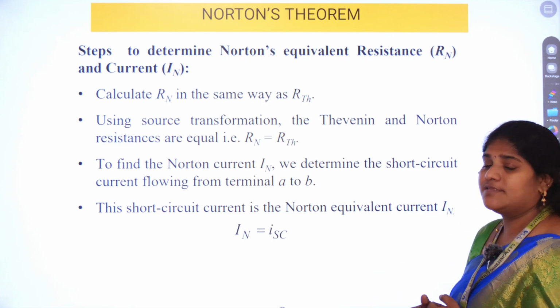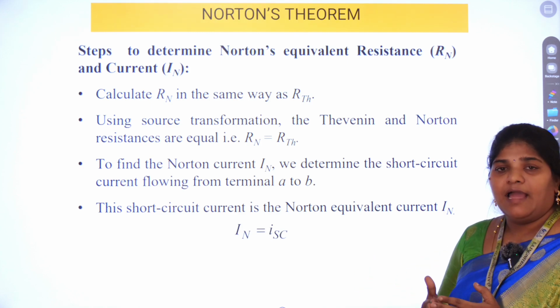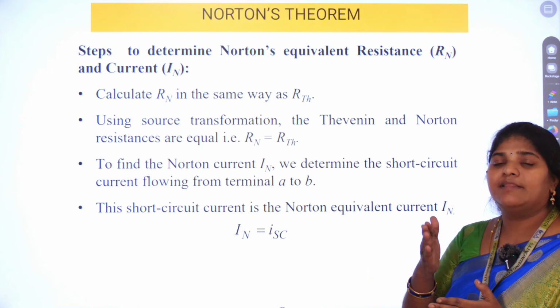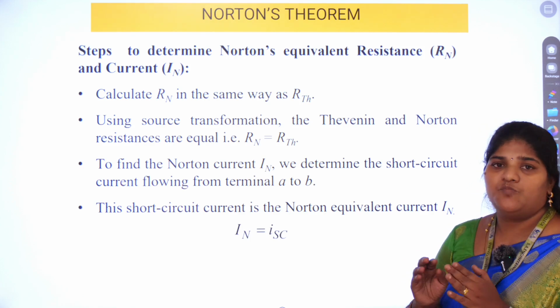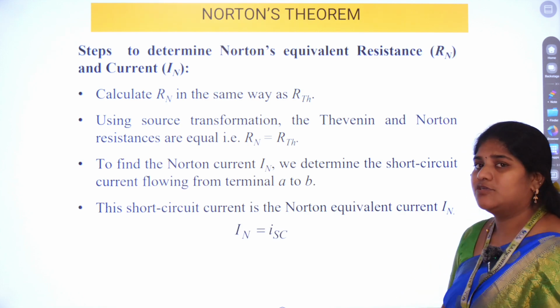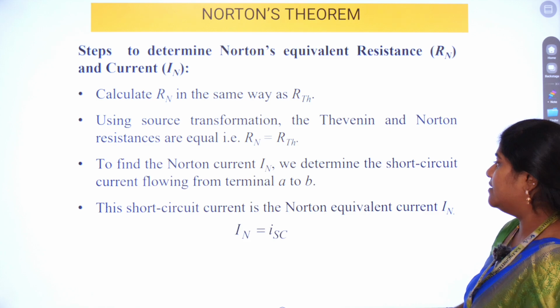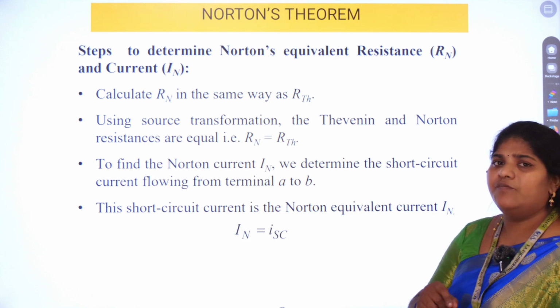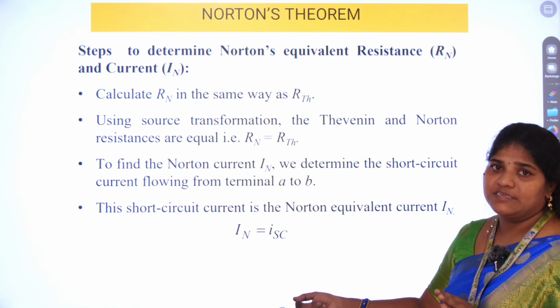Now in Norton's theorem, after removing the load resistor, the branch has to be short circuited, and in that short circuited branch we find the current, and that's why it's called the short circuit current. This step is very important. This short circuit current we name Norton's current, so IN or ISC, both are same.